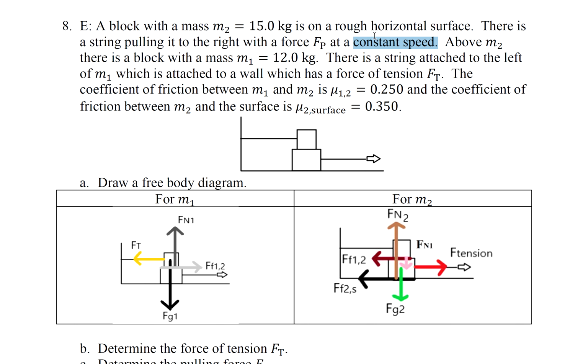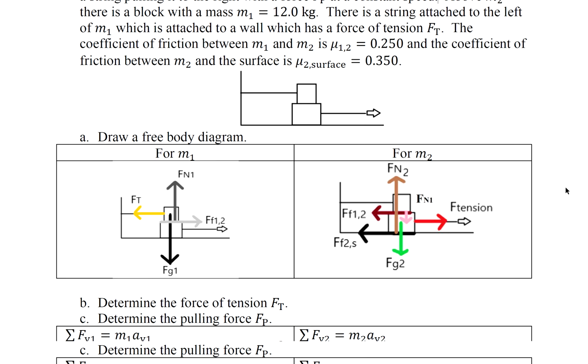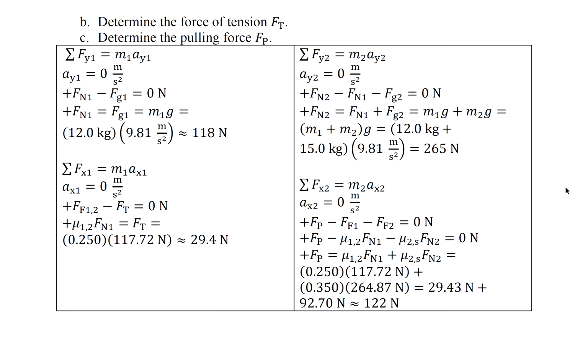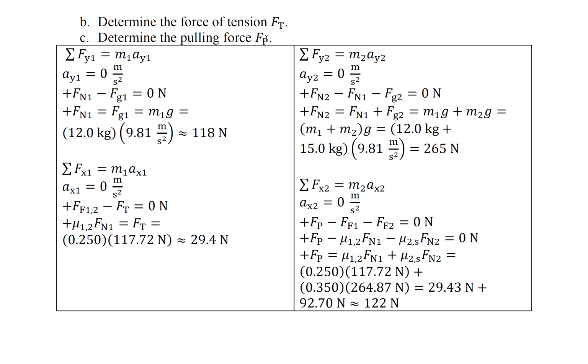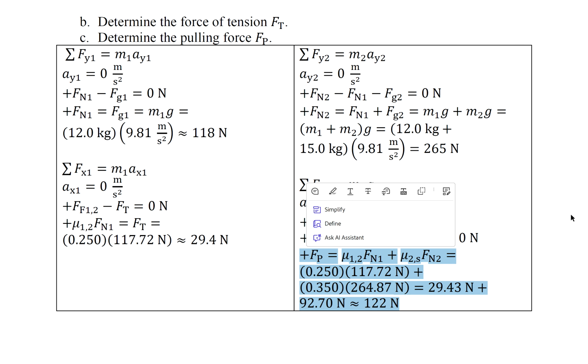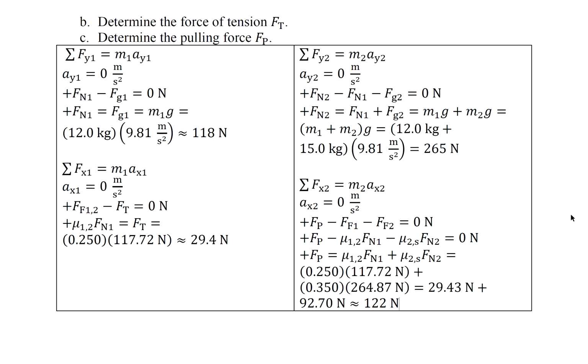So here I was able to solve for plus force of pull. So part C wants us to solve for force of pull. Bam, it's here. Part B wants us to solve for force of tension. It's here.